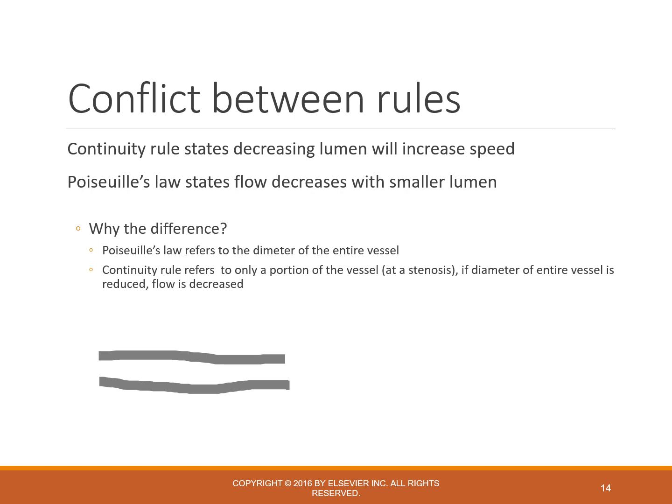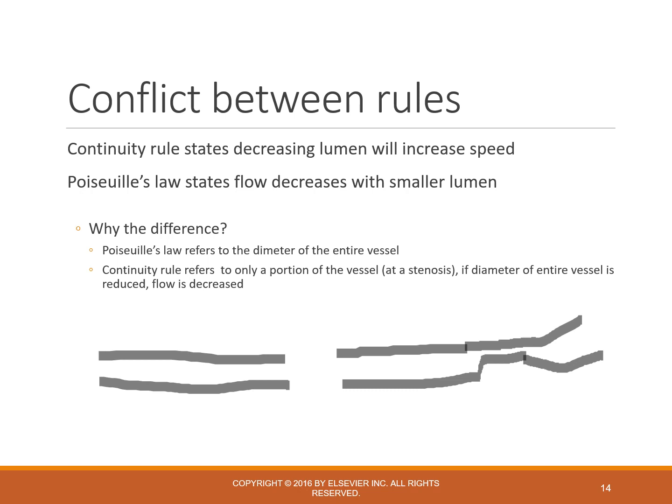But if I have just a very small area with the stenosis, and then it goes back to its normal size, that is going to follow the law of continuity. So Poiseuille is going to be right if the reduction is through the whole tube, whereas the law of continuity is going to be right if we're just focused on one area of stenosis.